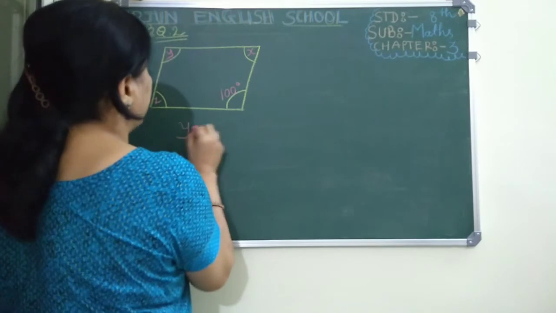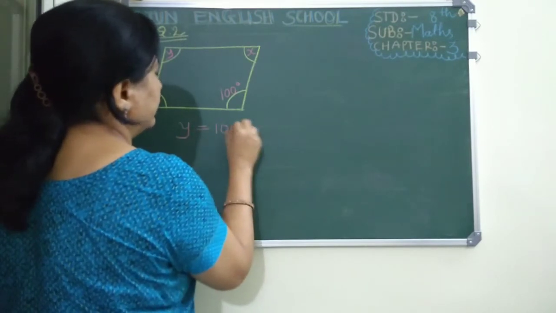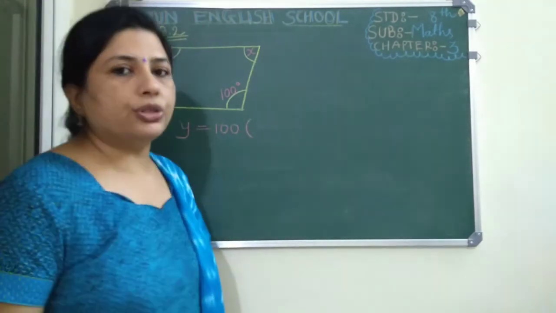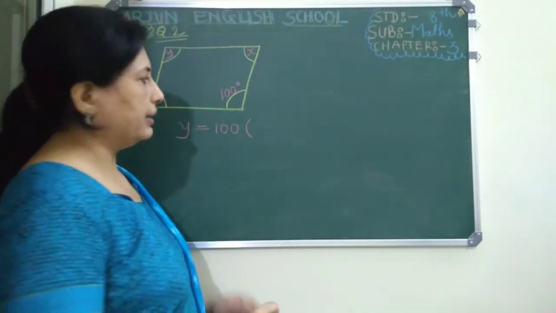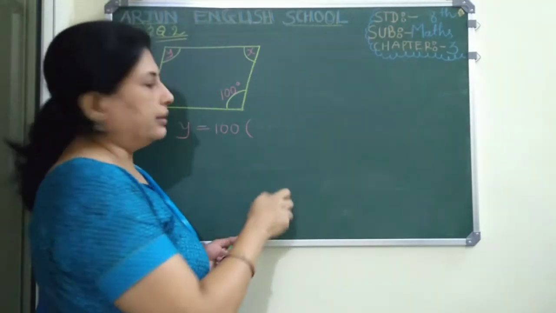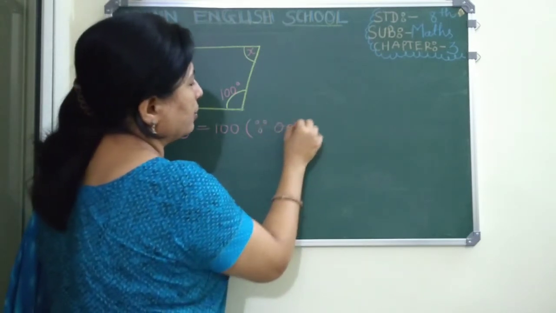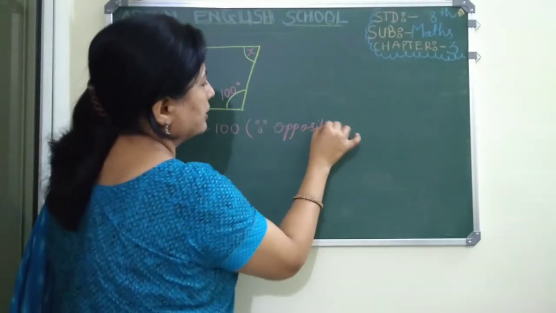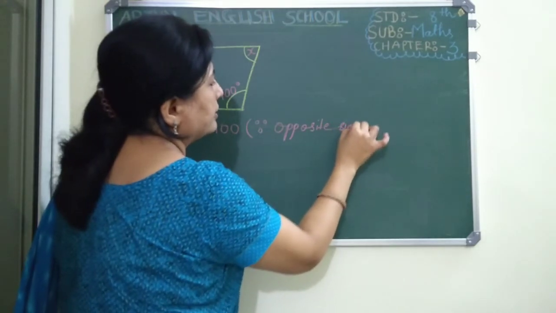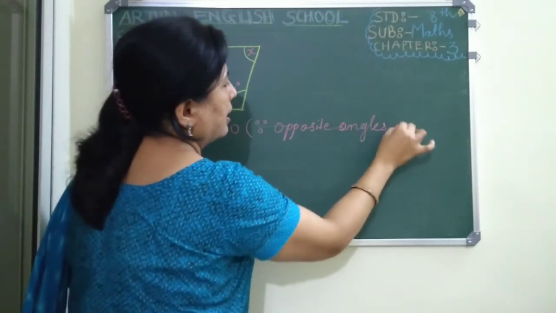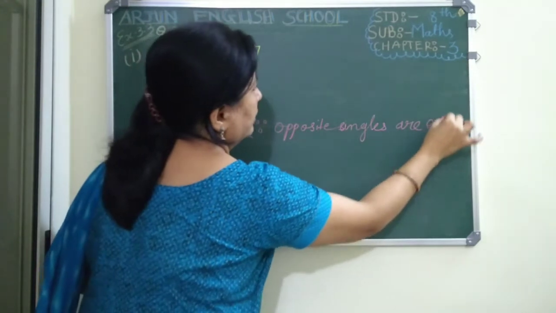First, I will write Y is equal to 100. Whenever you use a property, you have to mention it in your answer. So here I will write because opposite angles are equal.